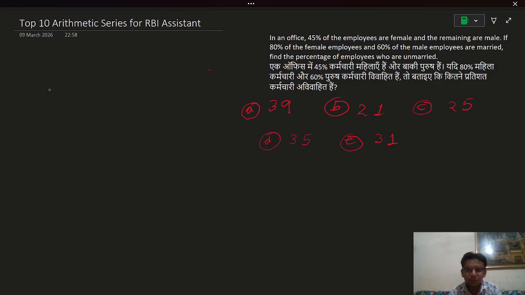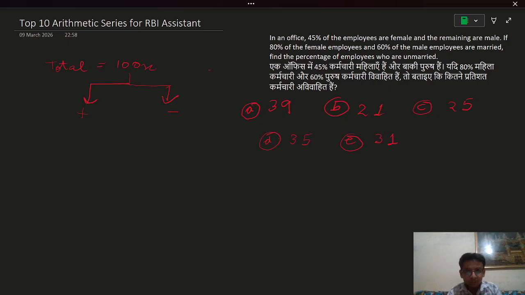Okay. So in an office, 45% of the employees are female. Whenever percentages come up like this, let the total number of persons in the office be 100x. Now I will bifurcate it based on the number of males and females. I will denote males by a plus sign and females by a minus sign.